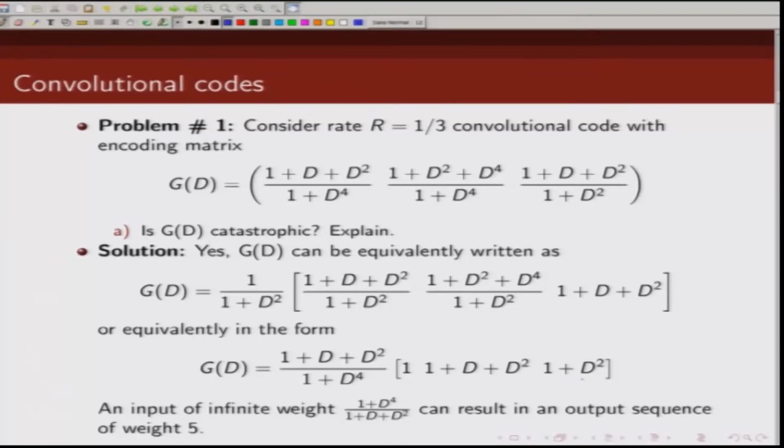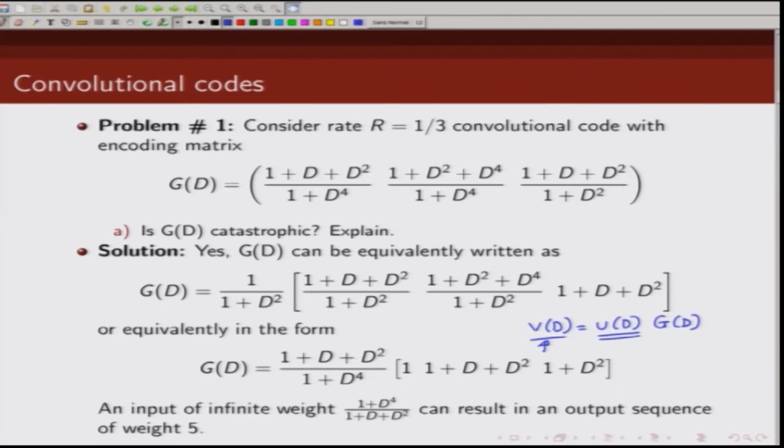Look at this particular generator matrix. What is my output sequence? My output sequence V of D is U of D times G of D. Is there any input sequence which is of infinite weight, but can result in a finite output weight for V of D?